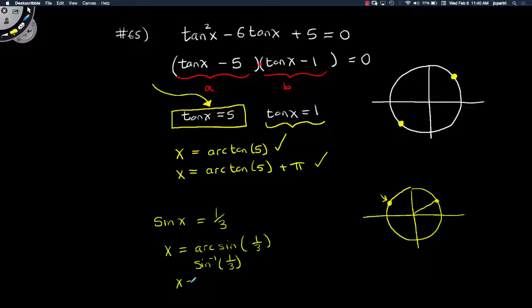So the other solution is pi minus sine inverse of 1/3, because they're not separated by a pi rotation. The only way to get the quadrant 2 angle is to take pi minus that much, and that gives you what you want.